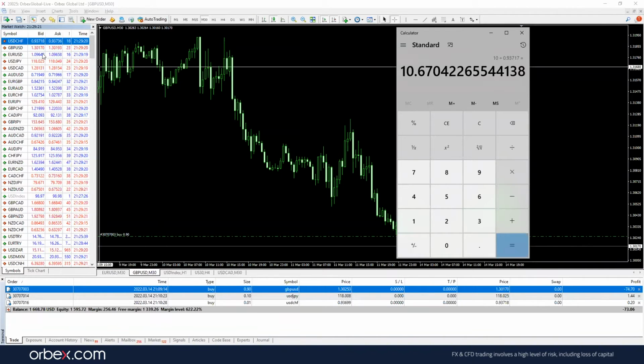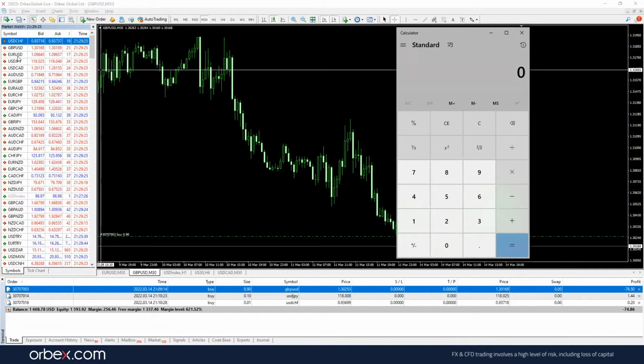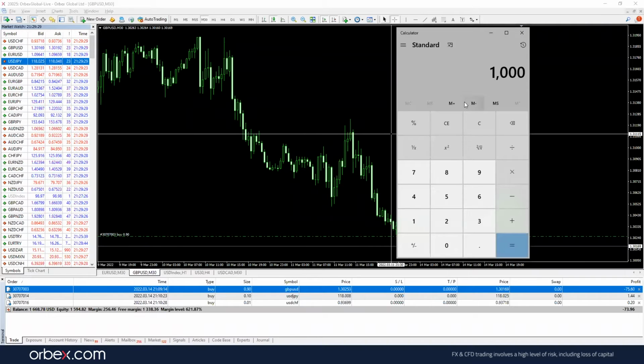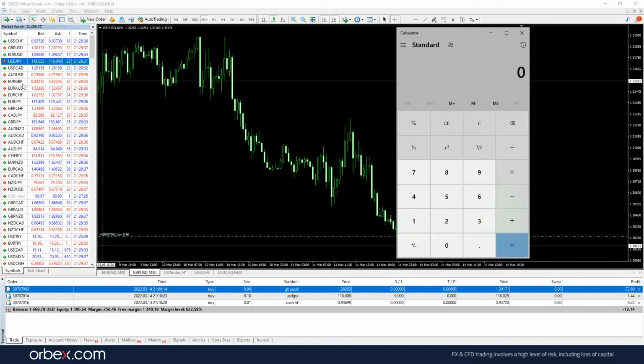The reason why I'm saying approximately is because these prices are constantly moving. As you can see here, dollar yen, this was 1,000 divided by the dollar yen rate, 118.025, so approximately 8.4. And we'll just do one more just to give you the general idea. Pound as well. So let's just take a quick look.